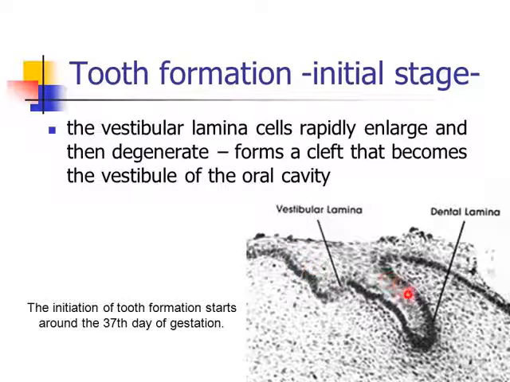This dental lamina will later form the enamel organ, while the ectomesenchymal cells will form the dental papilla and dental sac. These three structures will form the tooth germ.